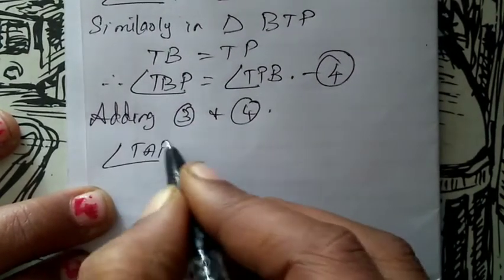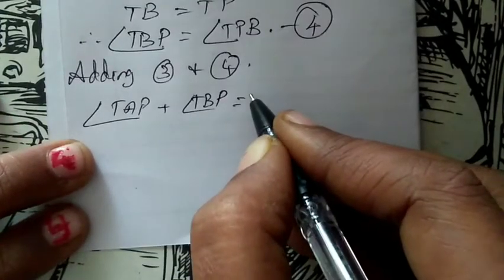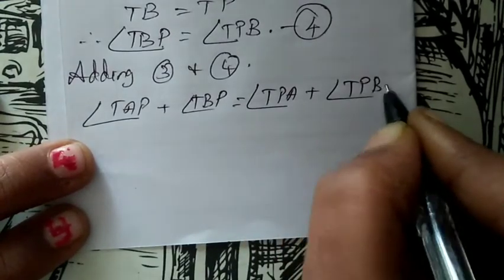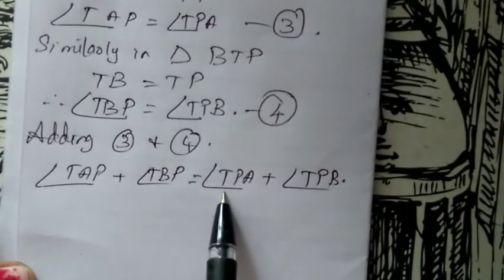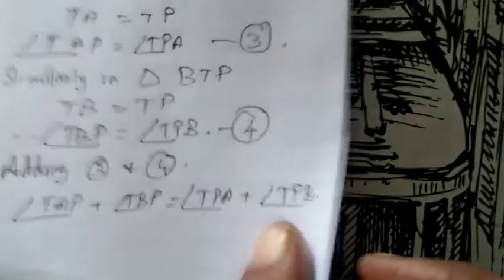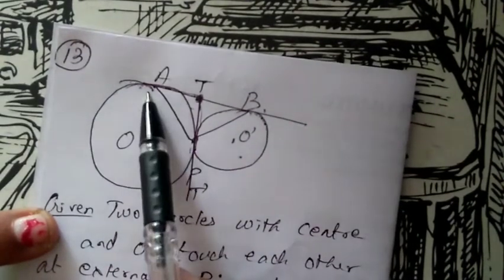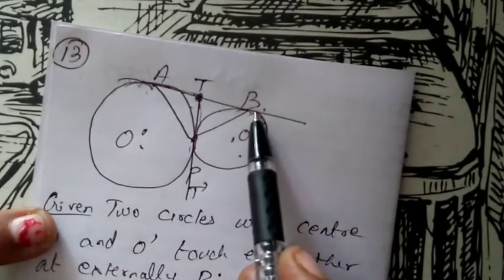Angle TAP plus angle TBP is equal to angle TPA plus angle TPB. But from diagram, angle TPA and TPB together gives us angle APB.